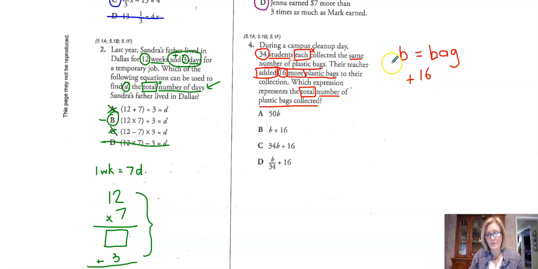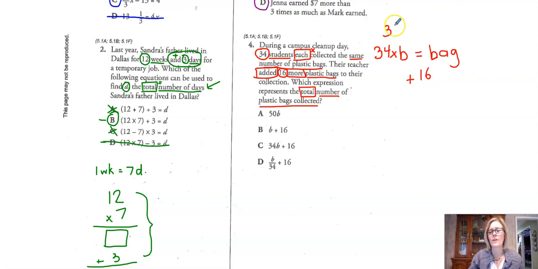So if each and every student collected the same number of bags, we have to have 34 times B. But another way to write that, remember you're a 5th grader, is that if you write a number before a letter, oh, I missed up right there. I needed to put a 34 there.